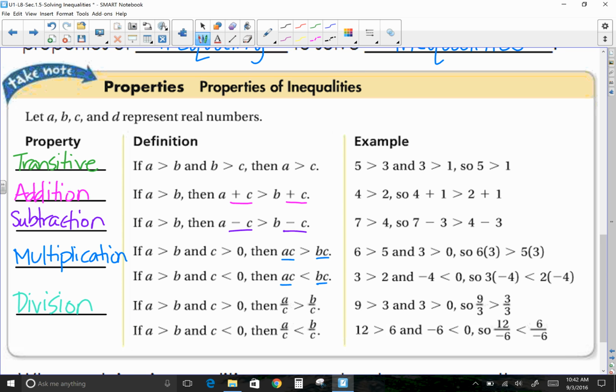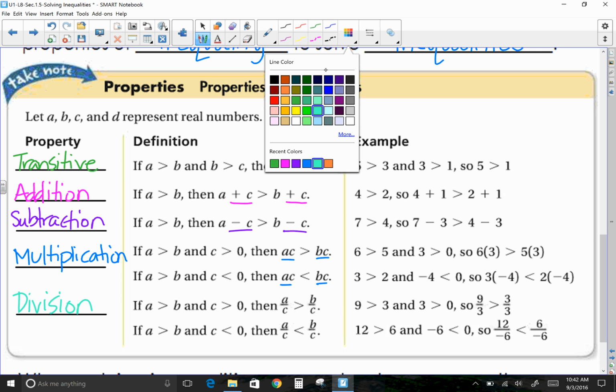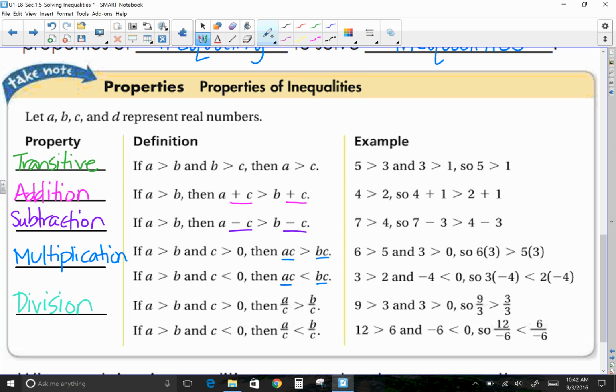Now, what I want to point out about these is you need to notice, I want a highlighter, okay? You need to notice that the multiplication and division have this little extra piece. And what's so important, this says C is greater than 0, and this says C is less than 0. So what kind of numbers are greater than 0? Positive. What is less than 0 are negative.